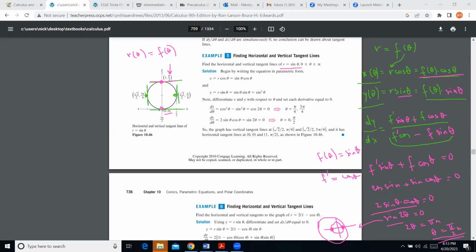You see? So my denominator, which is this stuff, f prime cosine minus f sine. So you get a feeling probably that these are not very short exercises, right? They're quite tedious.